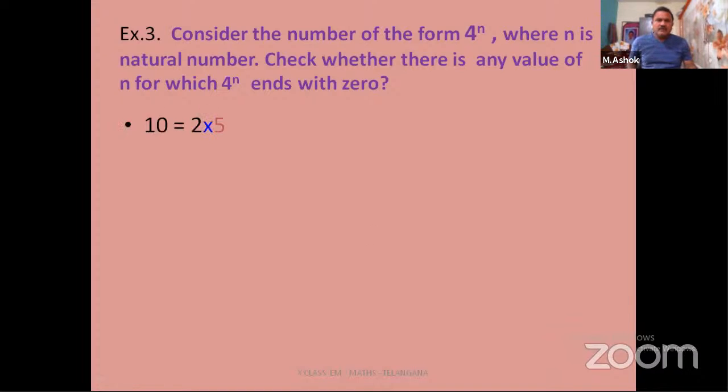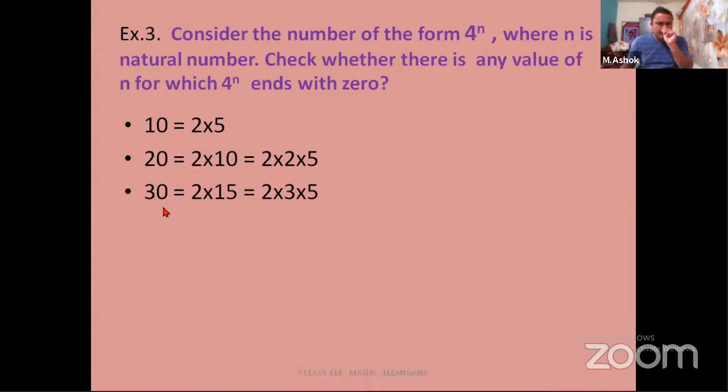check. Before that, take a few numbers ending with 0 and write their prime factors. Look at the number 10, which ends with 0. Its prime factorization is 2 into 5. 20 is 2 into 10, and again 10 can be written as 2 into 5, so the prime factorization of 20 is 2 into 2 into 5.